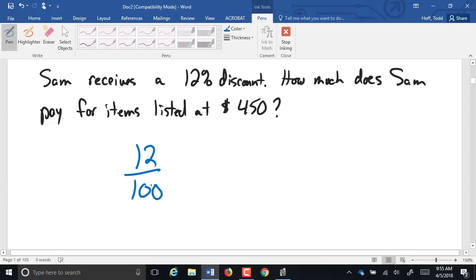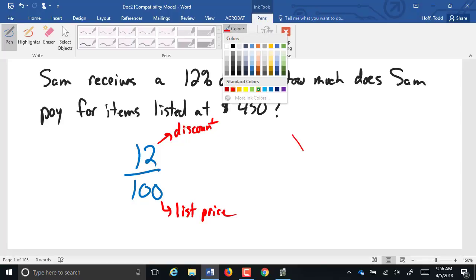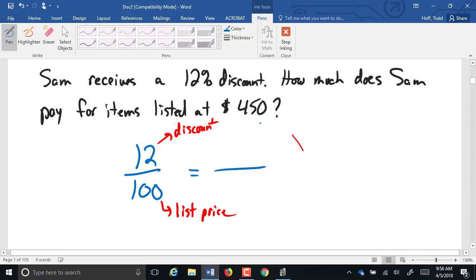So we've got 12%. What does the 12 represent? Discount. What's the 100 represent? The listed price, the list price. So over here, what does the 450 represent? Listed price, that goes on bottom. We cross multiply and divide. 12 times 450 divided by 100 is $54.